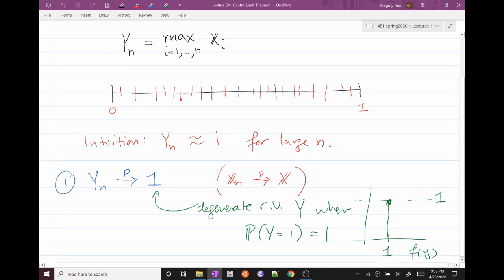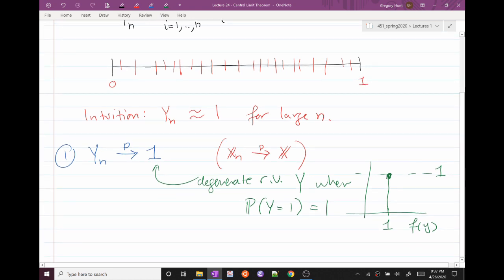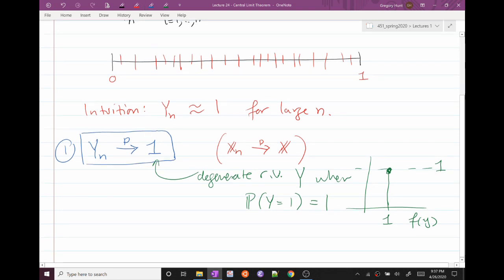Let's say f sub little y. So we can talk about converging to a degenerate distribution, which is how we can make sense of the notion of random variables converging to a number. So let's see if we can show that Yn converges in probability to 1.